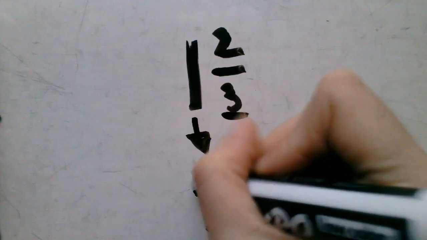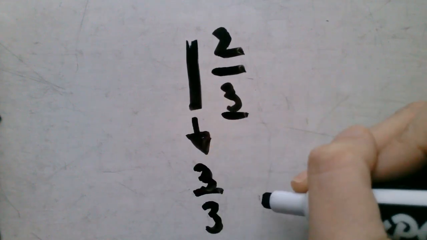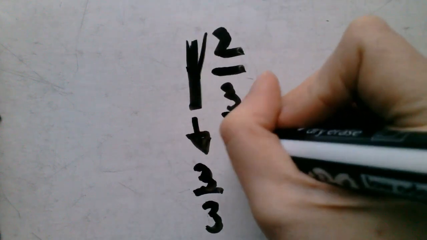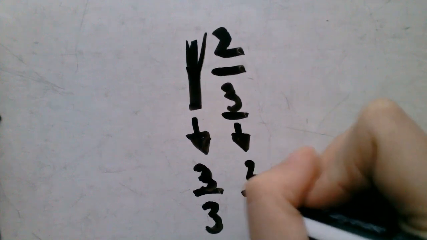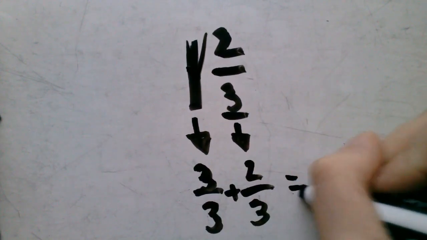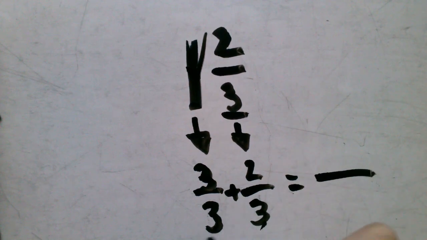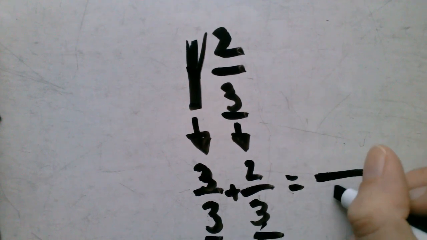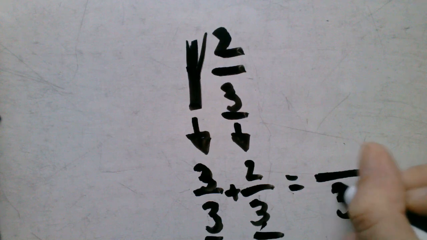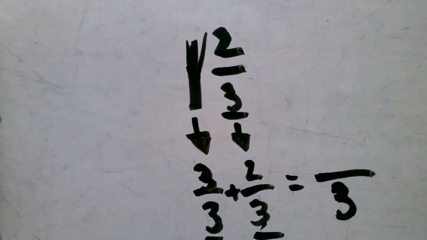And to get the whole number, we know we have all 3 parts. So we used our whole number. Let's bring down our fraction, 2/3, and add those together. The denominator is 3 over here. So in our answer, everybody, it would be 3. Nicely done.